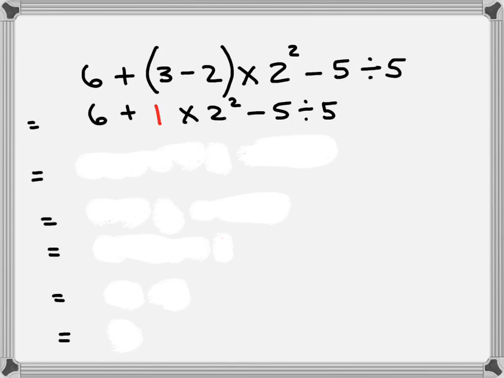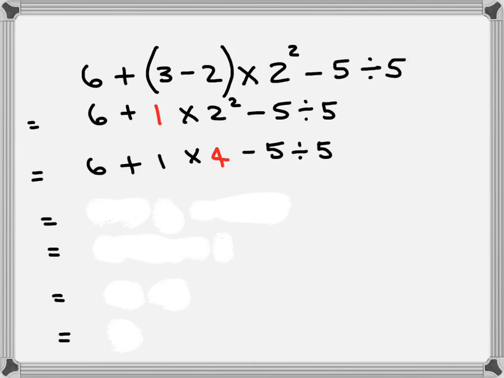We're first going to write this piece and this piece, solve that piece, and then write that down. Okay, so it'll look like this. 6 plus 1 times whatever this answer comes to, 2 to the power 2, which is 4. And then we're going to write that down again. There it is. Now, we've done the O of Bodmas.